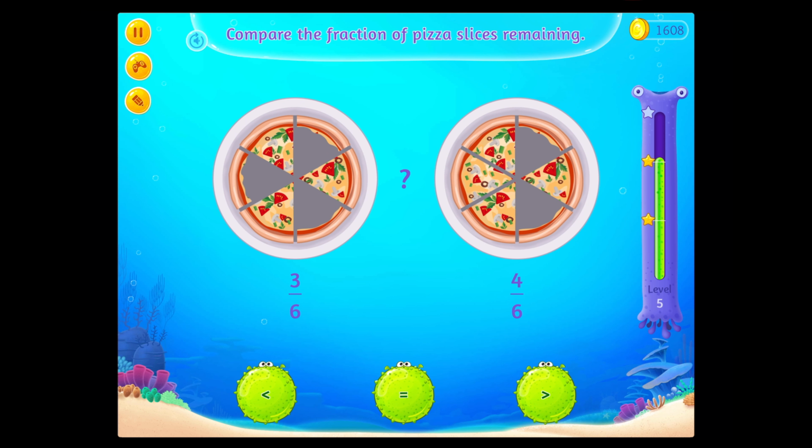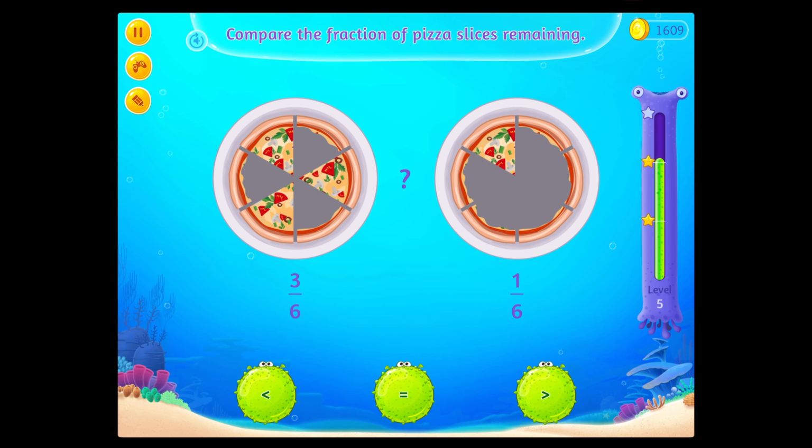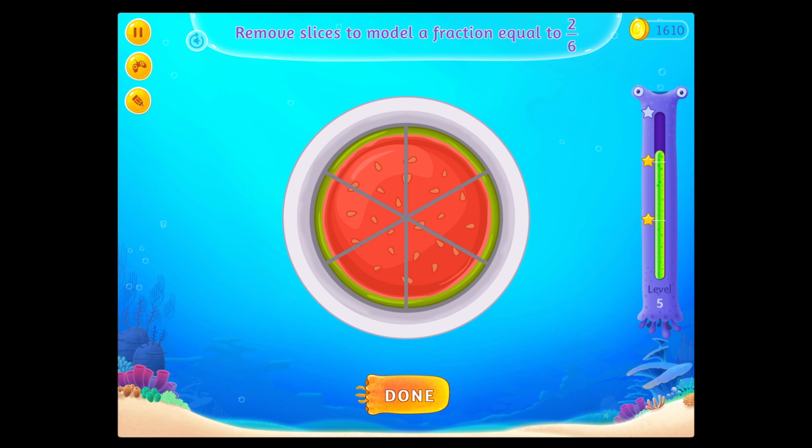Compare the fraction of pizza slices remaining. Fantastic! Compare the fraction of pizza slices remaining. Fabulous! Remove slices to model a fraction equal to 2/6.